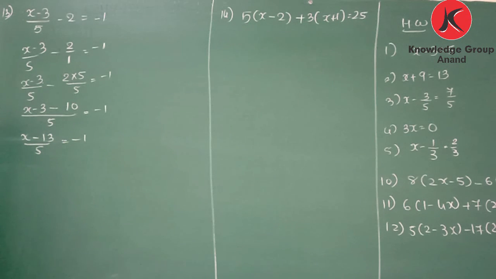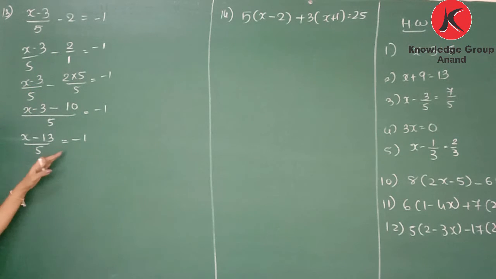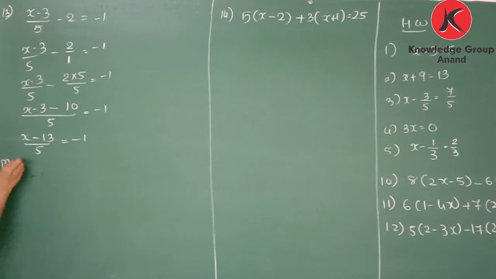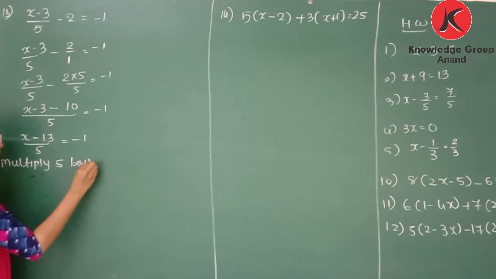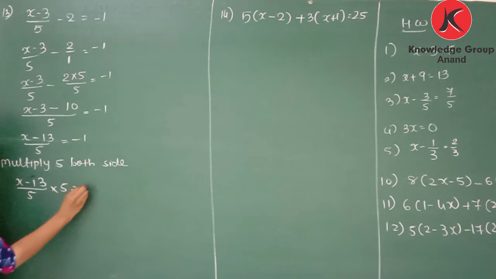Now we have the equation. So here 5 is dividing the whole bracket. You can solve directly by adding 2 to both sides, or you can simplify like this. So here multiply 5 on both sides. So we have (x minus 13) divided by 5 multiplied by 5 is equal to minus 1 multiplied by 5.